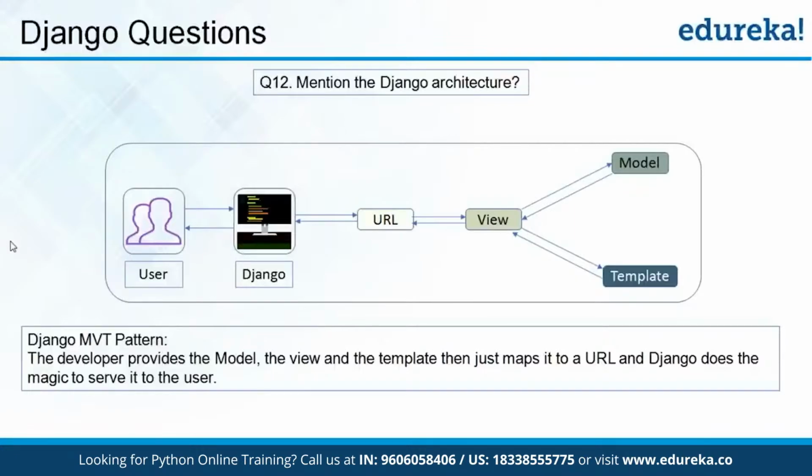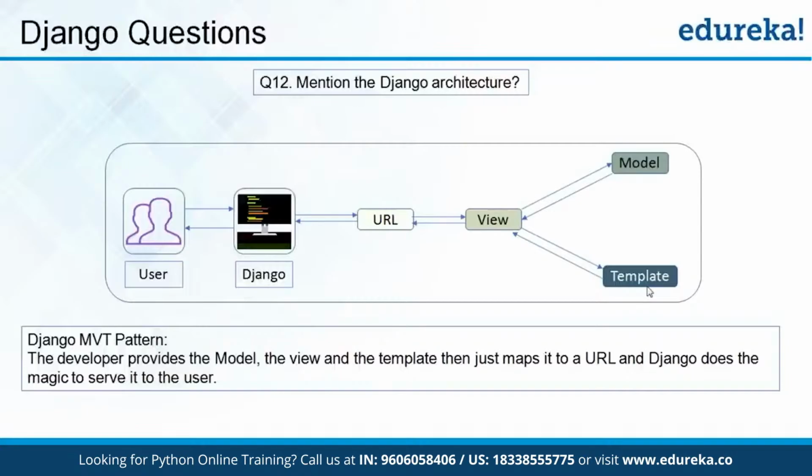Now you've got your model, which is part of your database, where you define your database schema. The view and the template map the model. So basically the developer provides a model and the view, and the template then maps it to the URL, and Django does the magic to serve it.